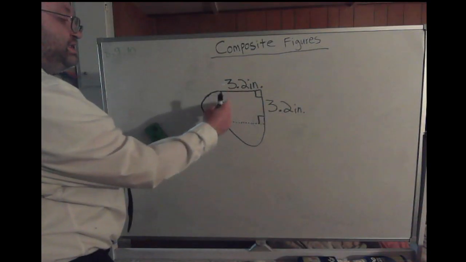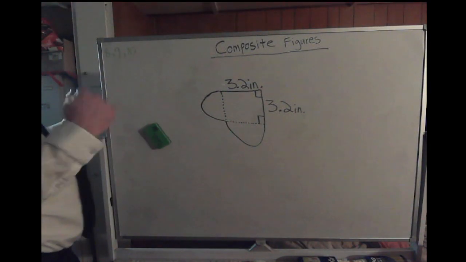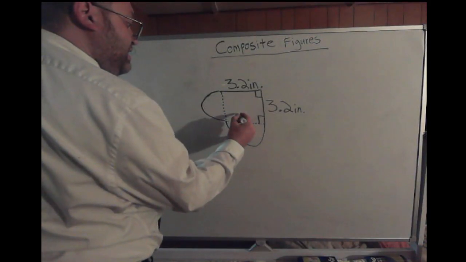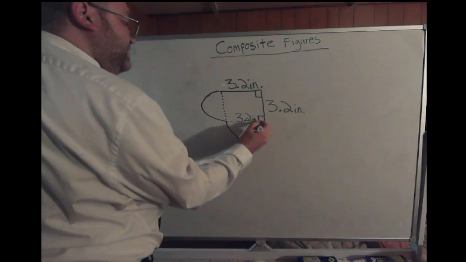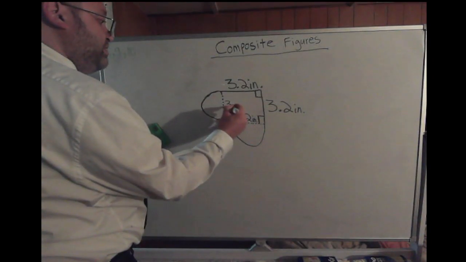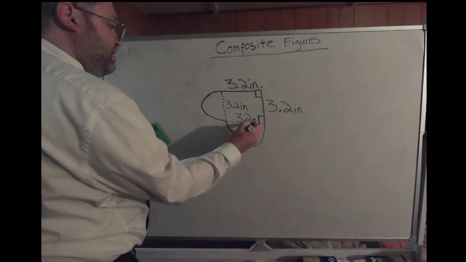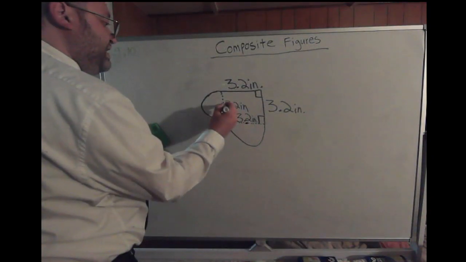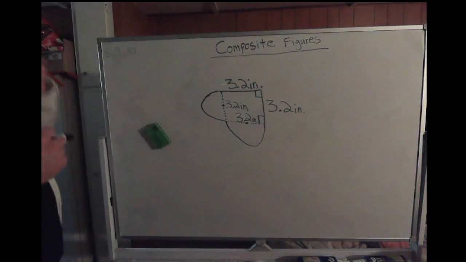Well, it looks to be that the diameter of each of these semicircles is also the length of the side of the square, the way these bound each other. So I'm going to fill all these in just to help us out here. Put the center of the diameter here, the semicircle.